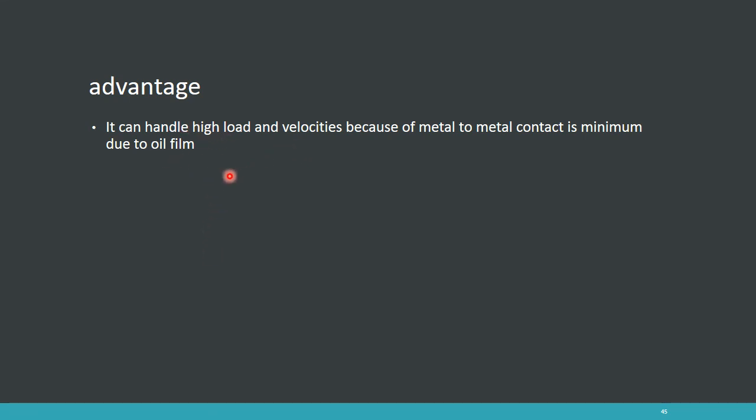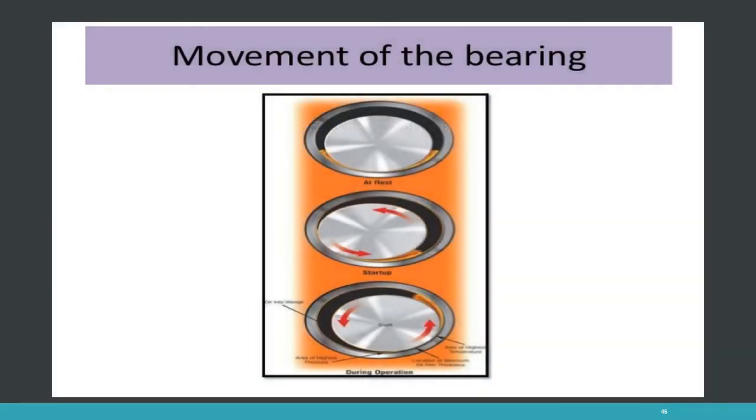Because as you can see, there is some space where we can put oil to avoid metal to metal contact. See here from the journal bearing that we have an oil film over here. So this reduces the metal to metal contact, and this will help a lot in the velocity.